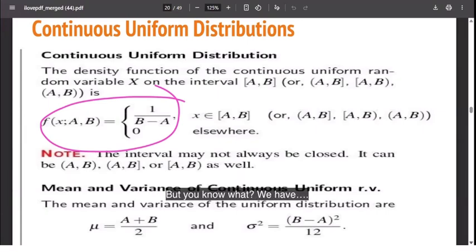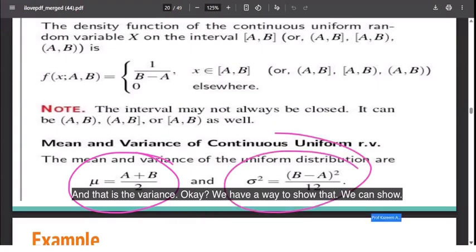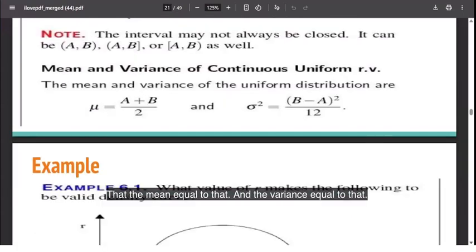But what does it mean? What is the variance? This is the expected value of X, and that is the variance. We have a way to show that. We can show that the mean equals that and the variance equals that.